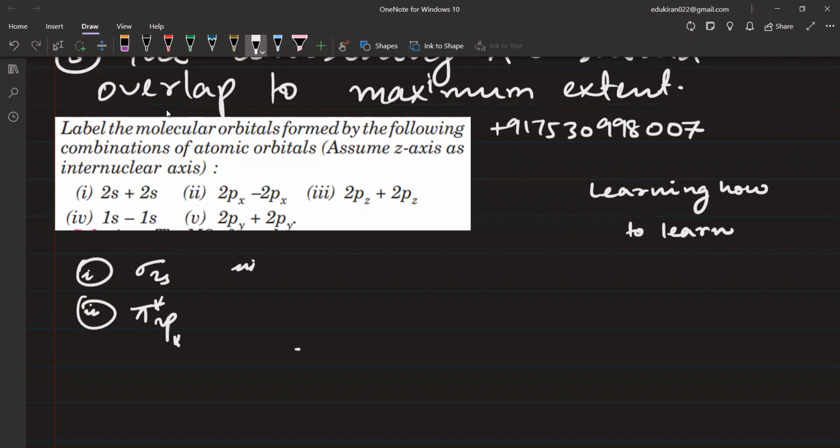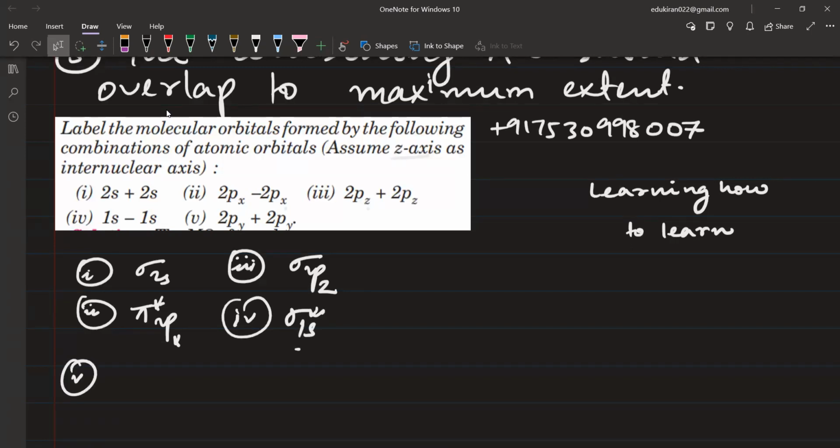For the third one it is going to be sigma 2pz, because the internuclear axis is the same. If the axis of the orbital and the internuclear axis are different, it will be pi, and if they are the same, it is going to be sigma. For the fourth one, it is going to be sigma star 1s. Fifth one, 2py, so it will be pi 2py. Okay, that is fine, all of you. Please note it down if it was wrong.